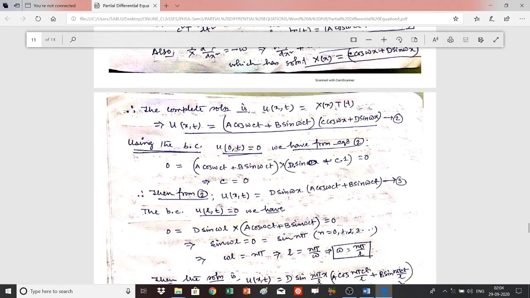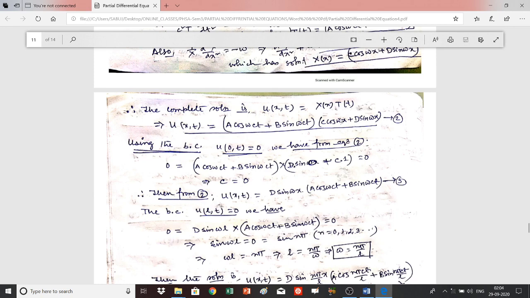Now we use the boundary conditions. From boundary condition number 1, u(0,t) = 0, we can write from equation 2 that the left hand side is 0, and A cos ωct + B sin ωct is a constant, since only x has the value 0.